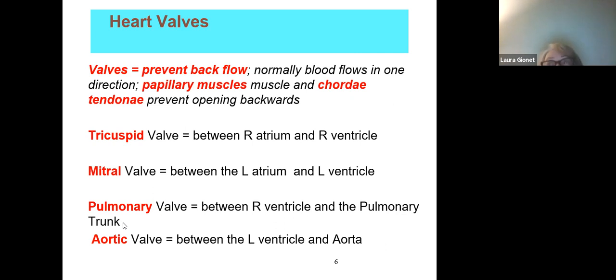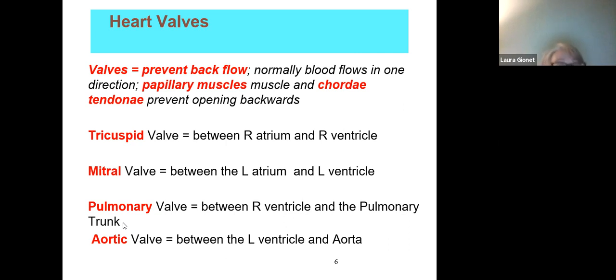That discourages backflow of blood from a ventricle to the atria and forces the blood, when the ventricles contract, to go up and out in a forward direction, from the right ventricle to the pulmonary trunk out to the lungs, and from the left ventricle through the aorta and out into systemic circulation.